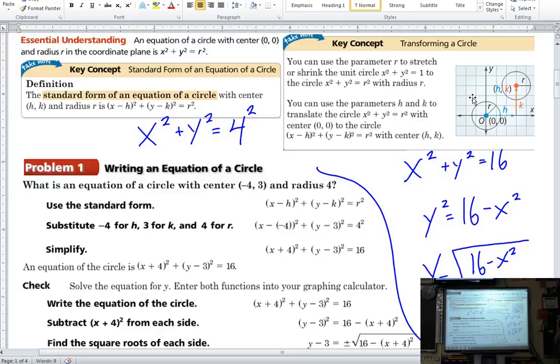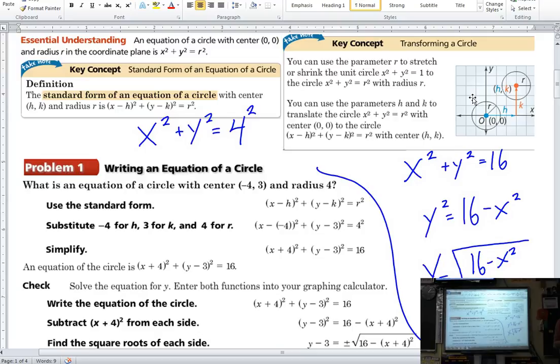You can change the settings in your calculator to make the screen square. I think it's in the zoom menu. It's zoom square. I'm confusing Z square and Z box. If you hit zoom square, it makes it look a lot more like a circle.